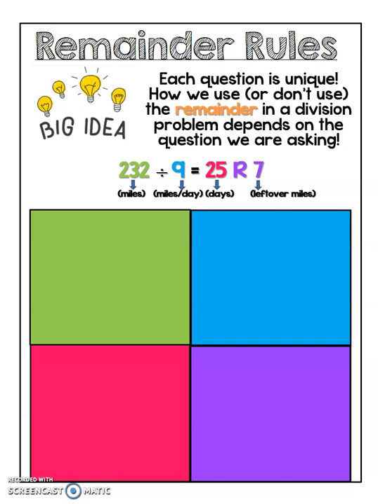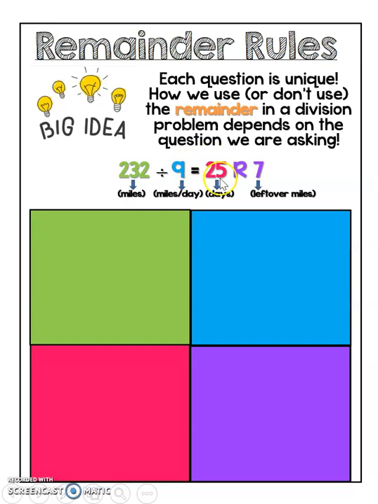In this example, there was a family hiking 232 miles and they were going to do 9 miles per day. So the dividend of 232, the story problem told me that that was miles. The divisor of 9, the story problem told me was days, because the family was hiking 9 miles per day.